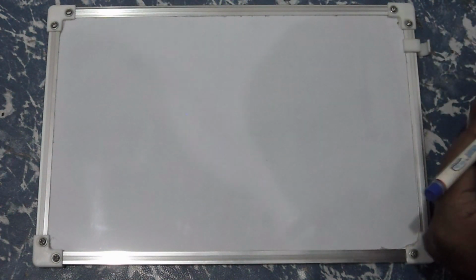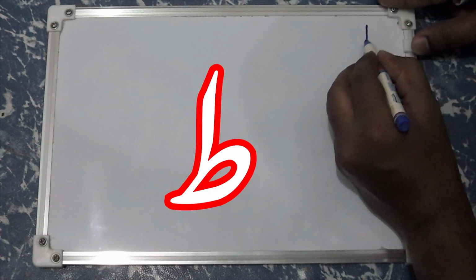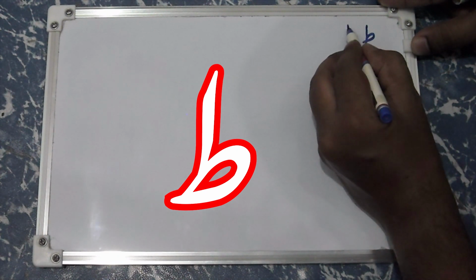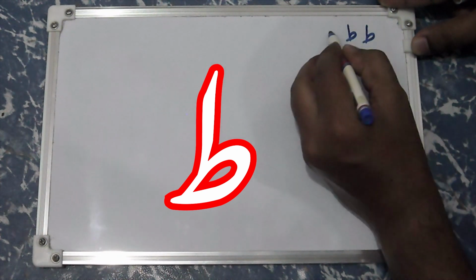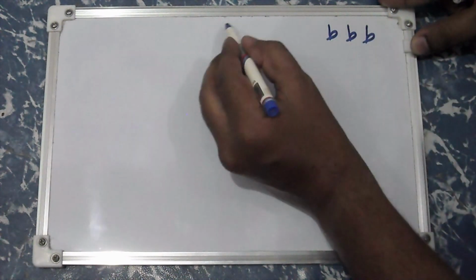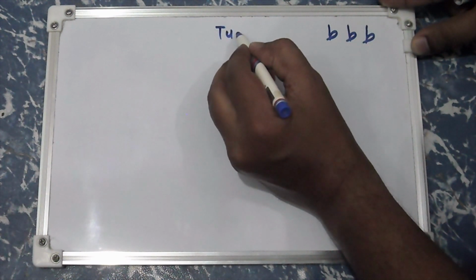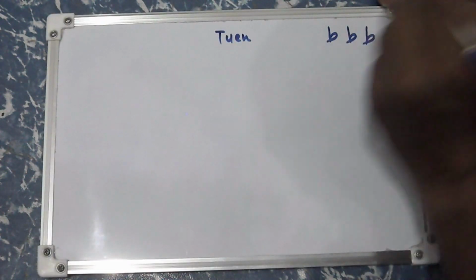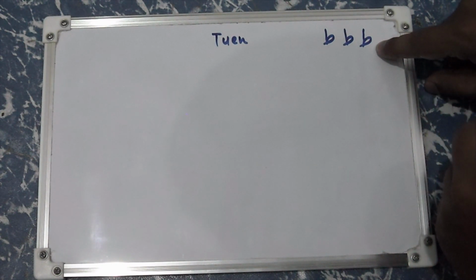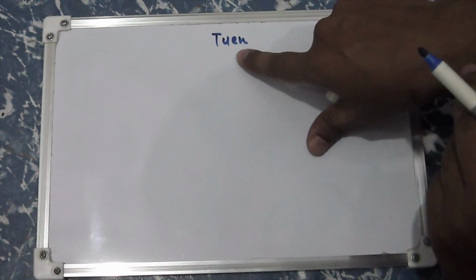So the first alphabet of today's lesson is Toe. Actually, there is no corresponding alphabet for Toe in the English language, but let me write Toe for you.